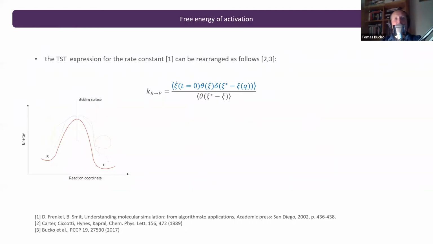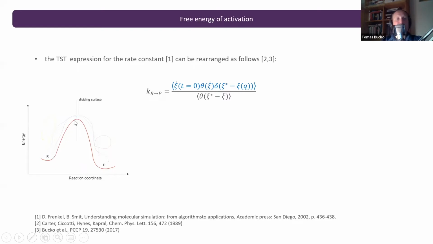All right, now let us try to derive an expression for the free energy of activation and free energy differences that can be used in molecular simulations. To do so, we start with the general transition state theory expression for the rate constant. The assumptions behind this theory are that there is a transition state, a quasi state on top of the barrier, which is in equilibrium with the reactant.